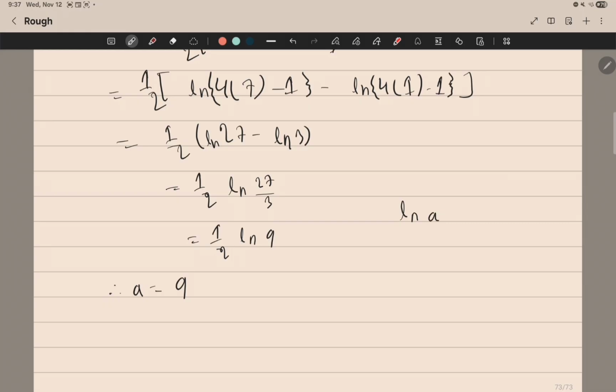Let me check something real quick. Okay, so I was making a mistake. Up to this is correct. The thing is, the question states to give the answer in this way. So, what should we do now? Half ln 9, which is ln 3.